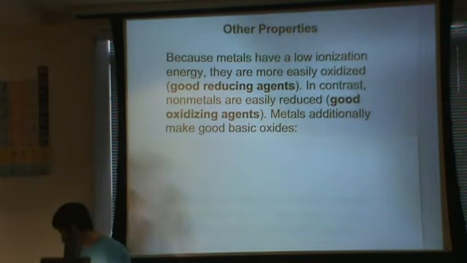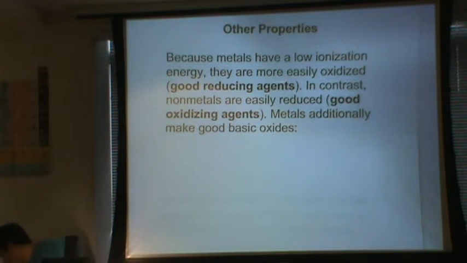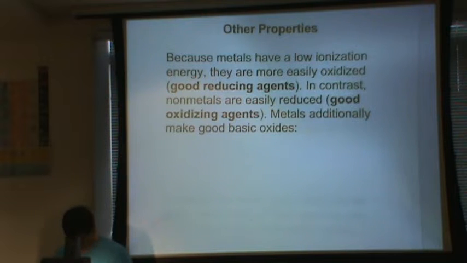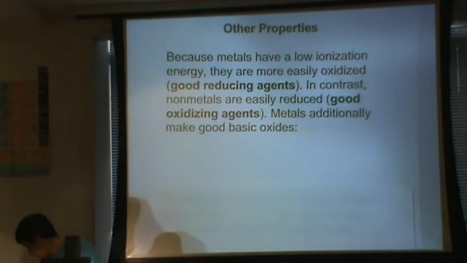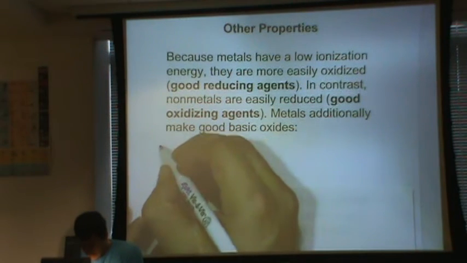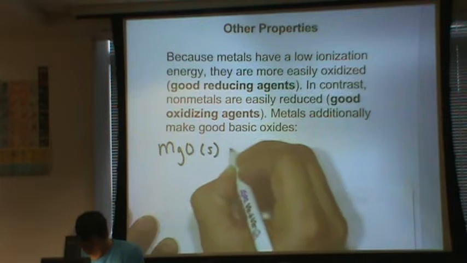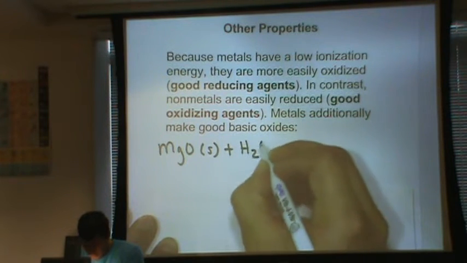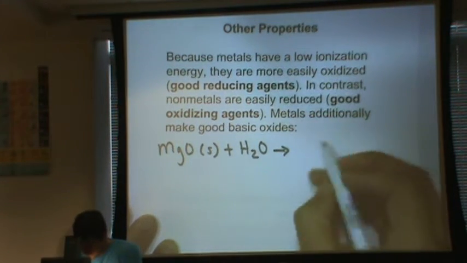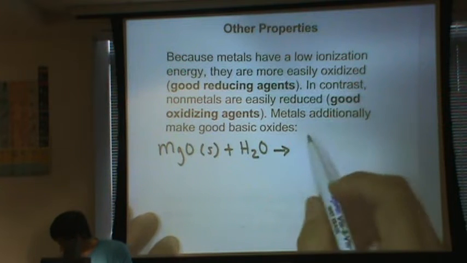Metals, additionally, make good basic oxides, such as this example. We're going to use magnesium as an example. So if we have magnesium oxide as a solid, we toss it in water, it's going to act as a base.